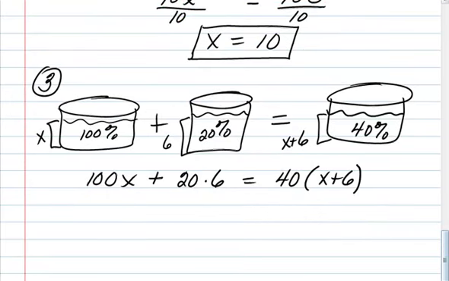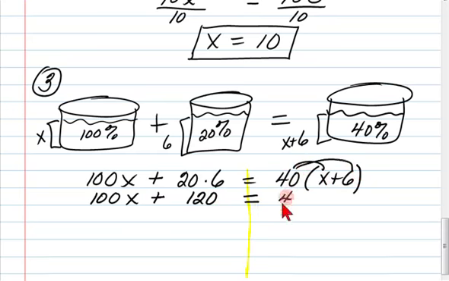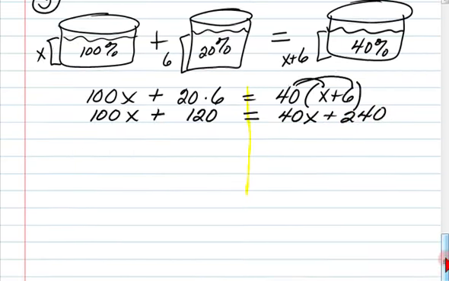All right, I'm going to go ahead and rather briskly solve that. I'm going to keep my 100x plus that product, 120, is equal to, use the distributive property, 40 times x is 40x, 40 times 6, 240. Okay, so I've simplified. The next thing, I have 100x on the left, I have 40x on the right. I want to get rid of one of them.